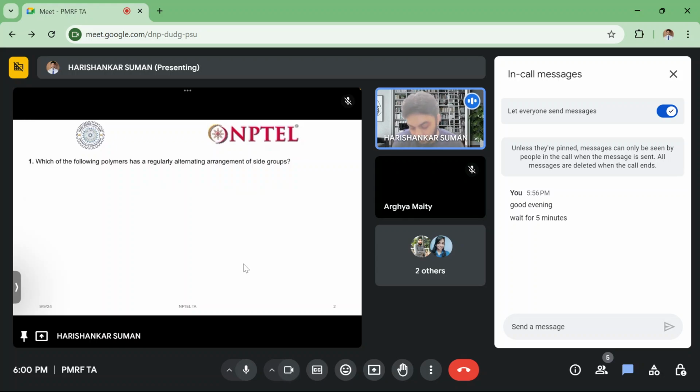First question: which of the following polymers has a regular alternating arrangement of side groups? The options are atactic polymer, isotactic, syndiotactic, and cotactic polymer.